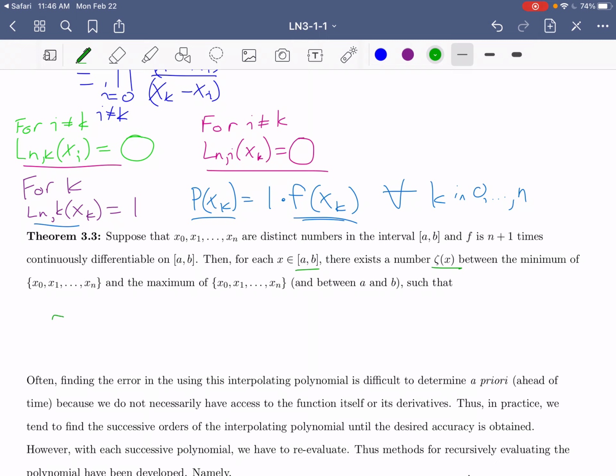That value of zeta exists such that the function value at x is exactly equal to the Lagrange polynomial at x, plus the extra term, which is the (n plus 1)th derivative evaluated at zeta over (n plus 1) factorial.